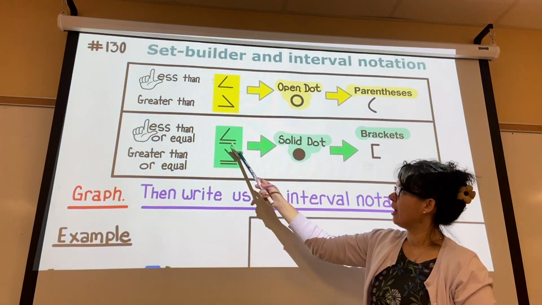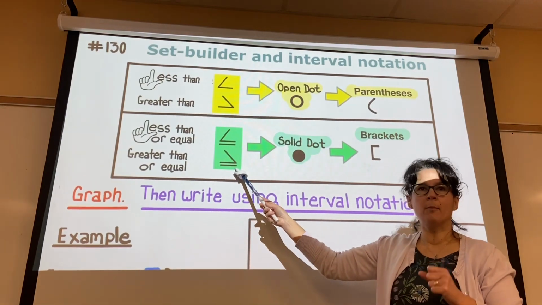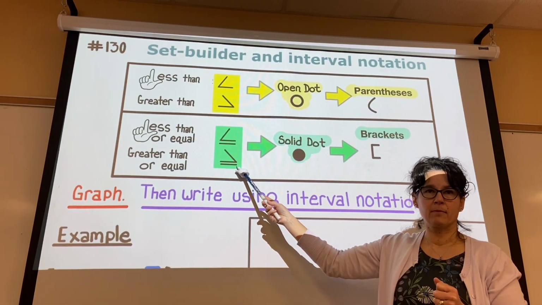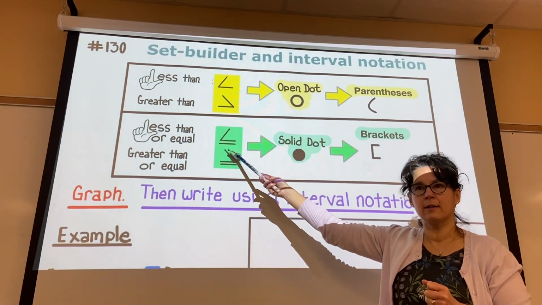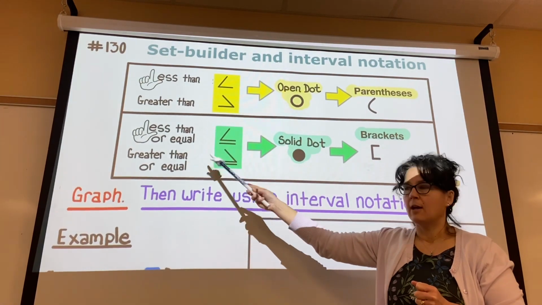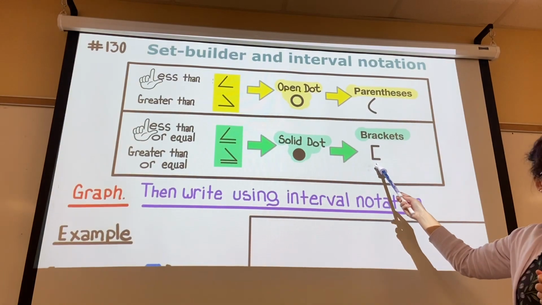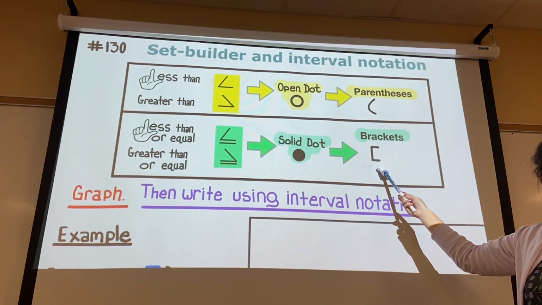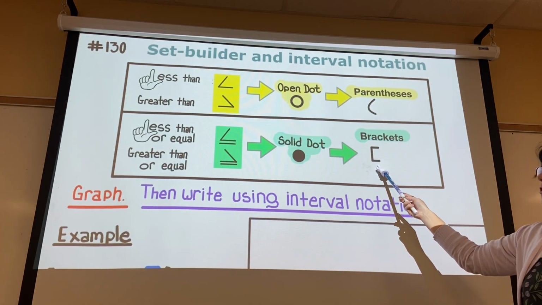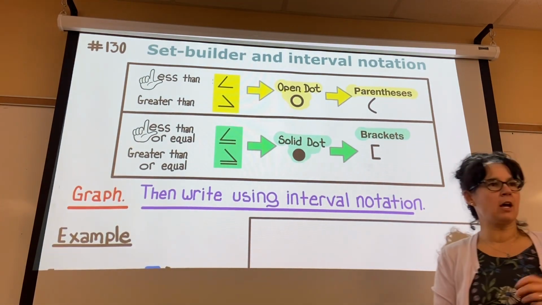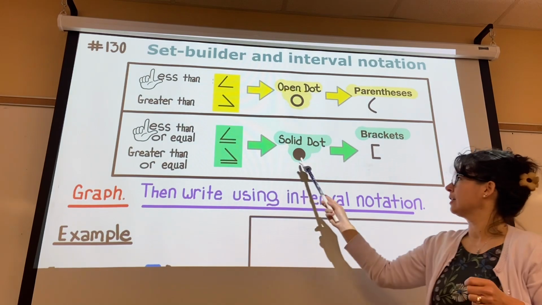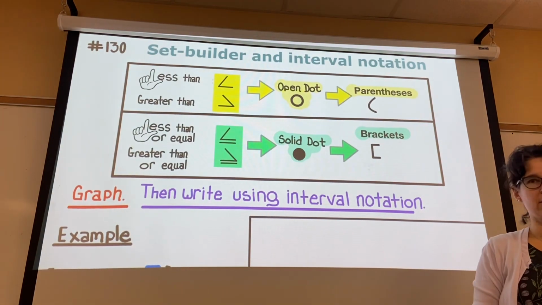Now, if you have an underline, the number is included. And so we use a solid dot when there's an underline, and we use a bracket if there's an underline. So you want to know that open dots, parentheses, and no underlines go together. Underlines, solid dots, and brackets go together.